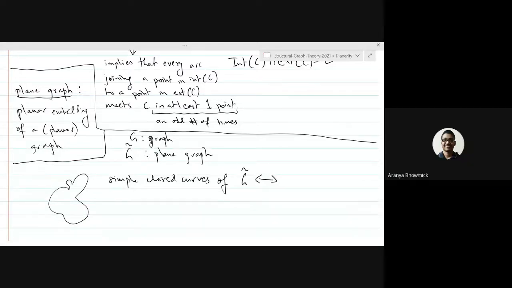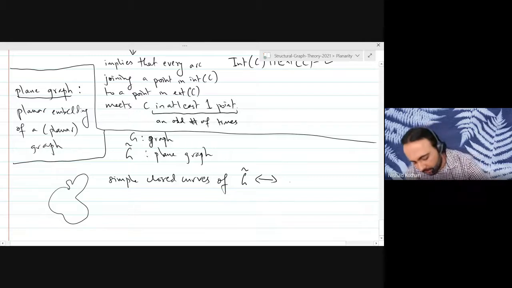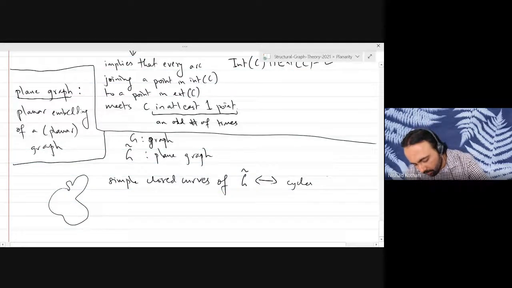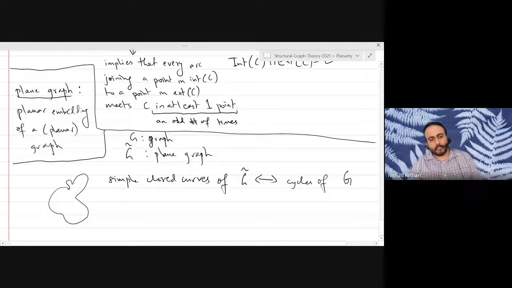It corresponds to a cycle. It corresponds to exactly the cycles of G. Right? And that is why this Jordan Curve Theorem is going to be really important, because as you have seen so far in graph theory, cycles are important. And cycles, the importance of cycles in planarity cannot be emphasized enough, as you will see during this module.